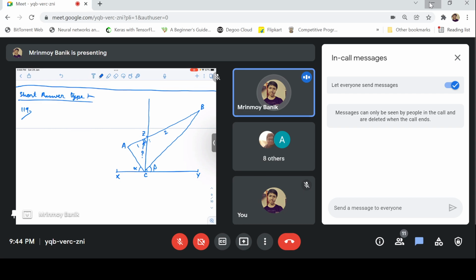Which angle do we have to find? Angle AZC. The angle ACZ is also alpha. Yeah, ACZ is alpha and BCY is beta, and ACX is also alpha.